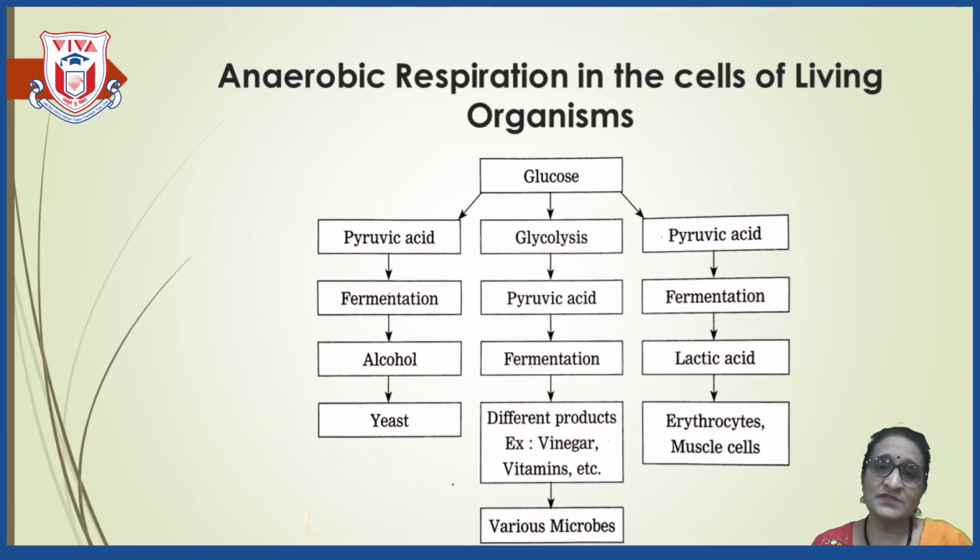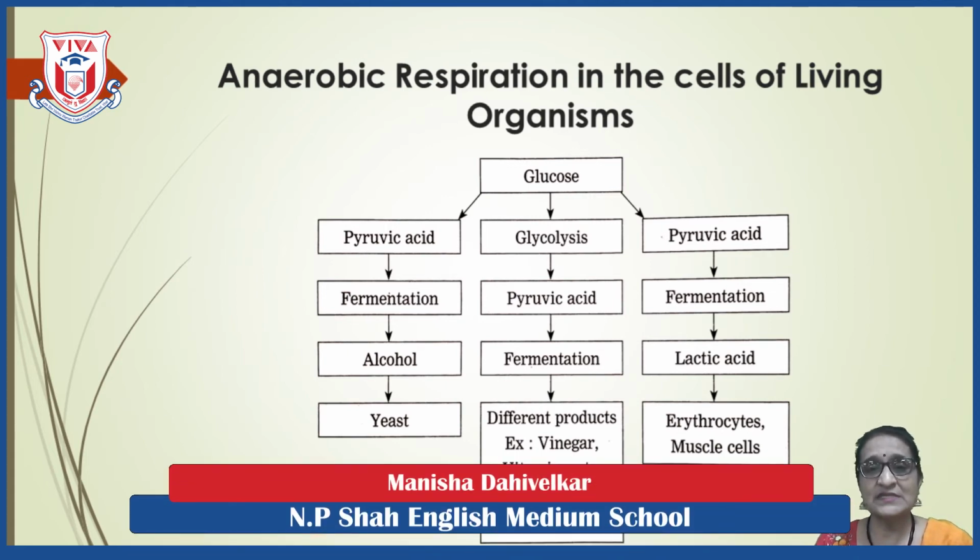Anaerobic respiration is in the absence of air and oxygen. They can do this respiration because they are in closed containers, in some food packets, isn't it? So they need not have oxygen, but still they can survive. They can release energy and they can survive.